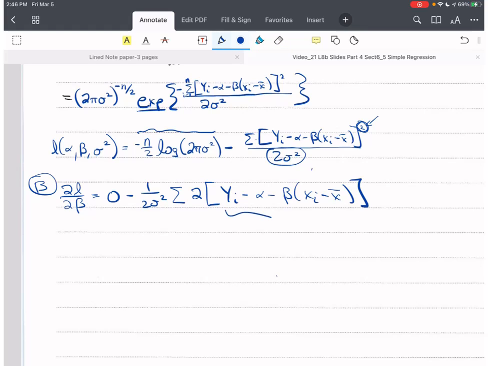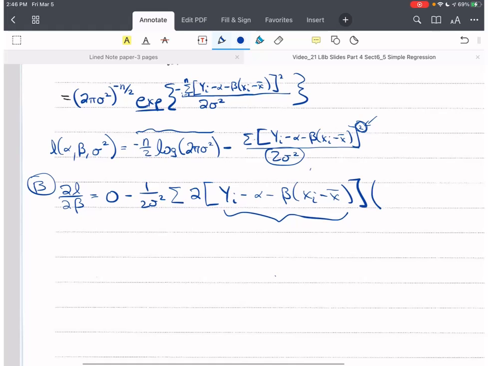And now I'm going to take the derivative of the function. That's the chain rule. And so I take the derivative of that with respect to beta, and it's 0 minus. This is a constant with respect to beta, so it can come out to the front, xi minus x bar, and then the derivative of beta with respect to itself is just 1. So I'm left with this quantity.